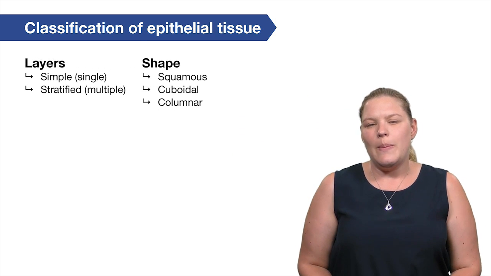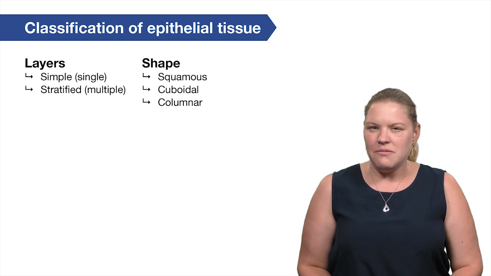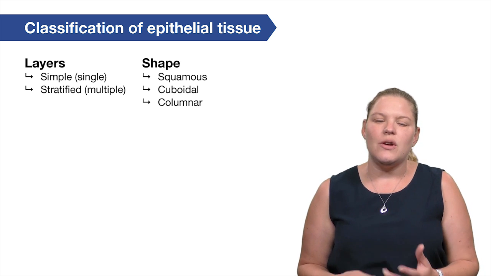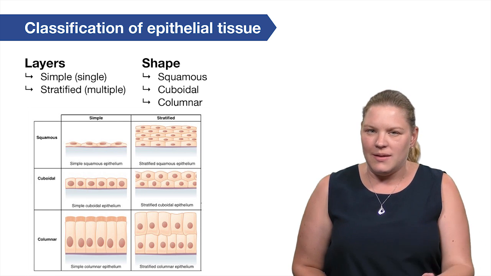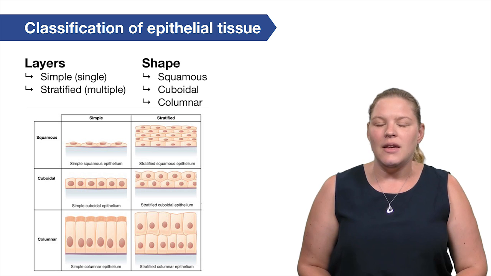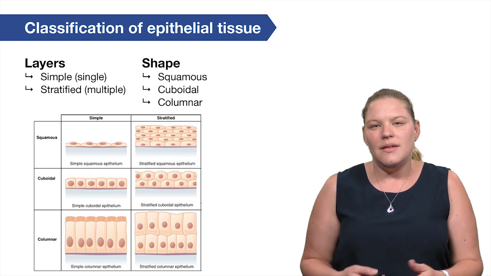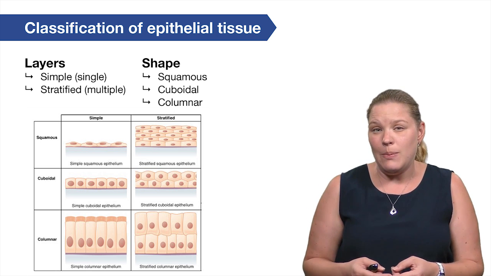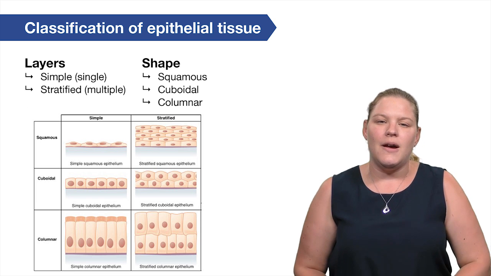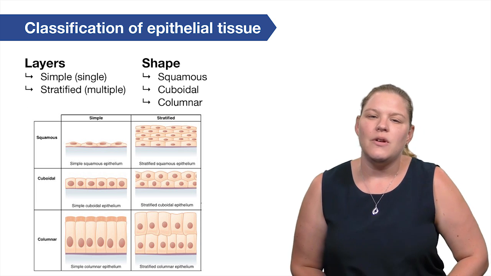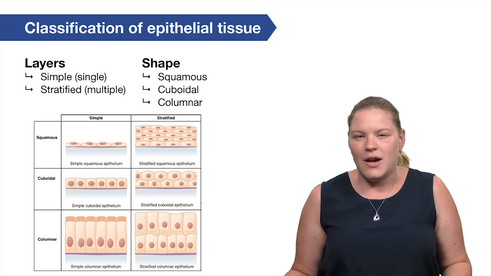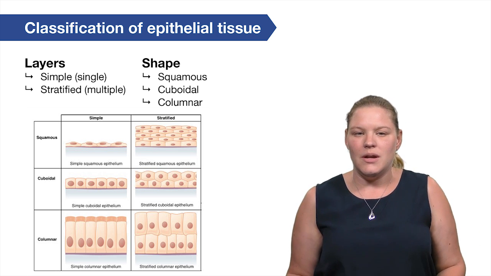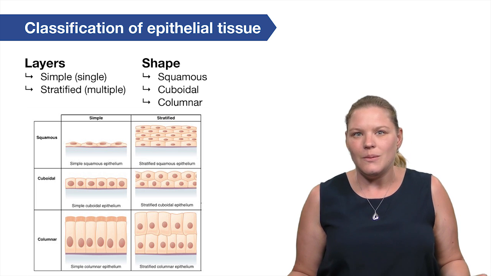So when we talk about epithelial tissue, we generally talk about these different structures or these different arrangements. And all I want you to take from this particular image here is to have a look at the cell shape and how many layers there are. And this will help you later on in semester when we start referring to a tissue type such as epithelial tissue, and we call it simple squamous, and you go, oh, what is that?